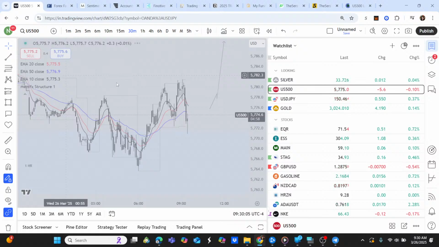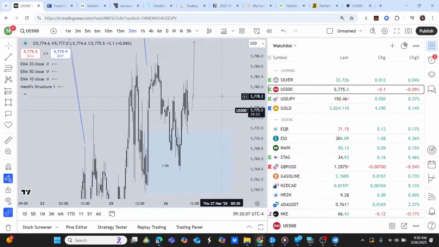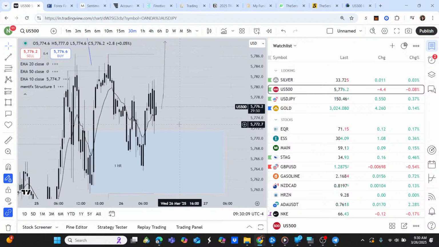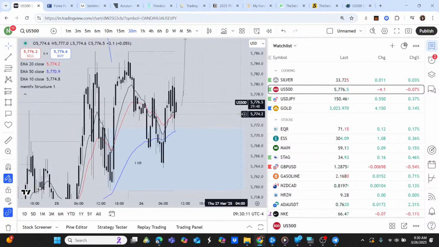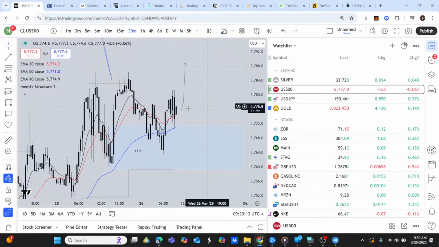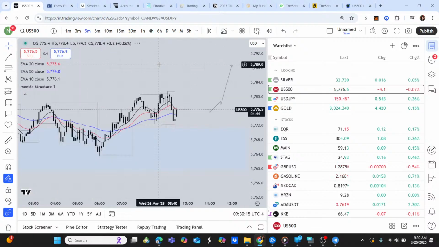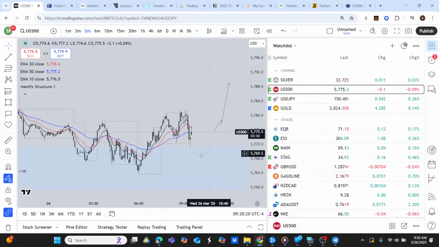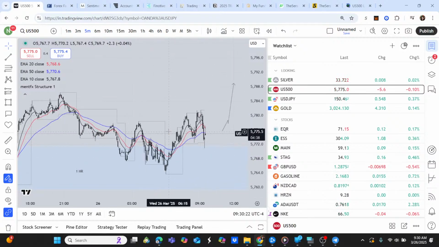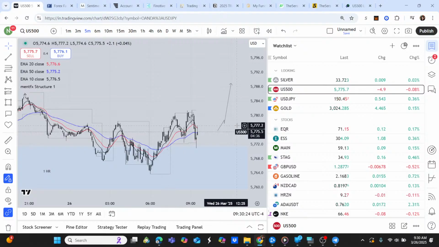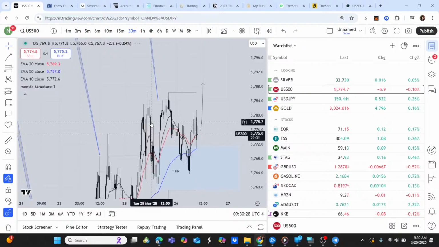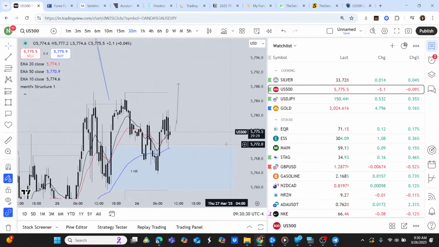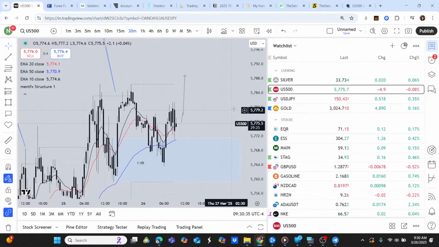Actually, let me verify that. Yeah, US 500, this specific area, may set something up here.